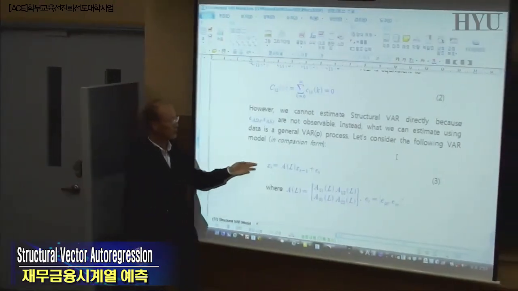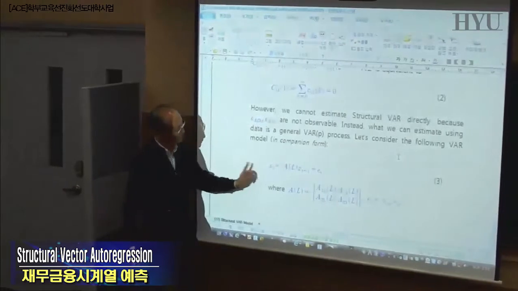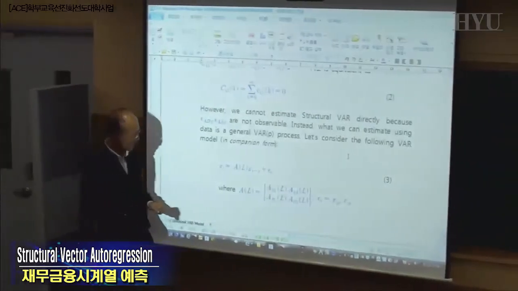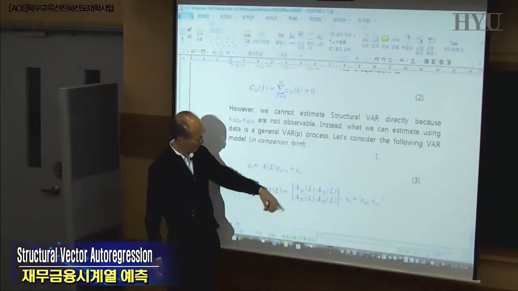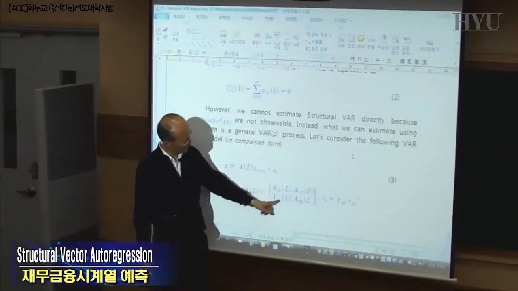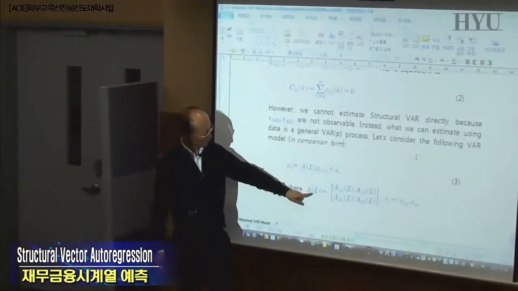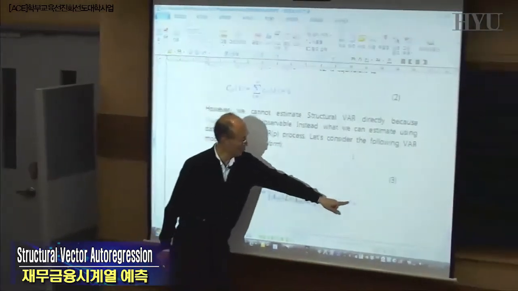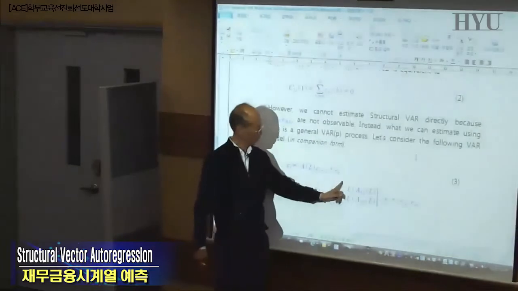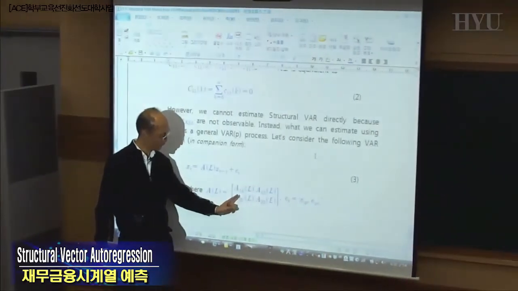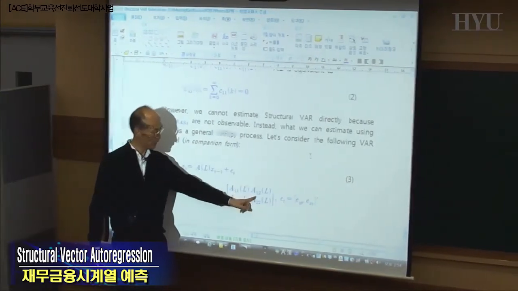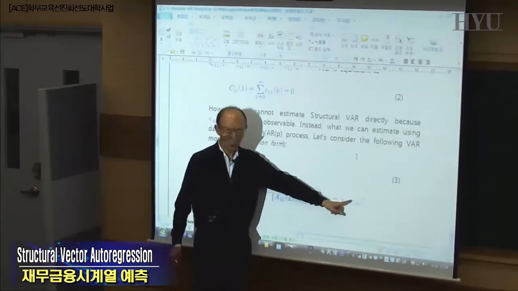So let's think of this one as just the usual VAR p representation. And A of L, because it has two dimensions, this is a two-dimensional vector. We have a 2 by 2 matrix polynomial in L, and you have a residual. Okay, so running a VAR estimation is to fit this model and obtain coefficients associated with that, as well as these innovations.